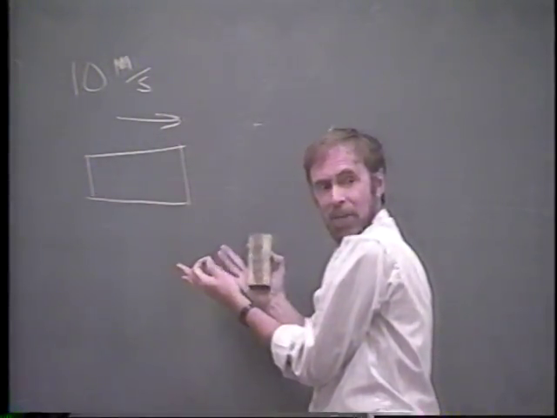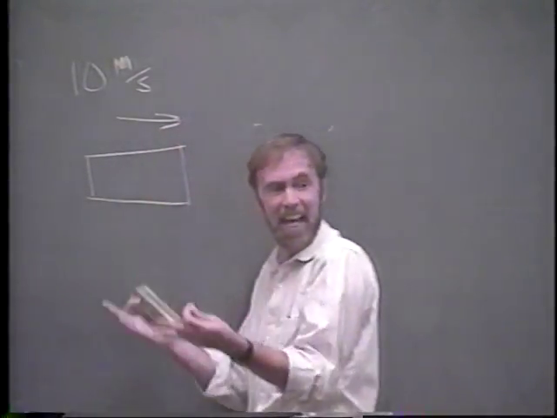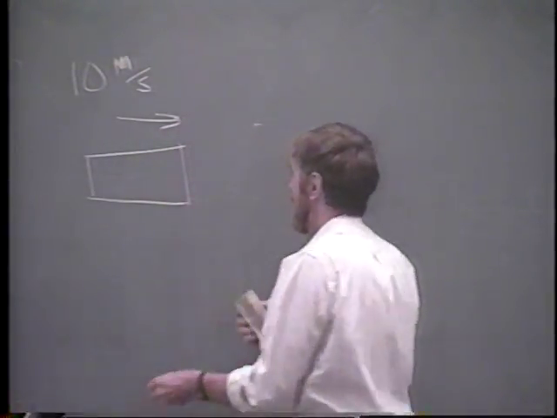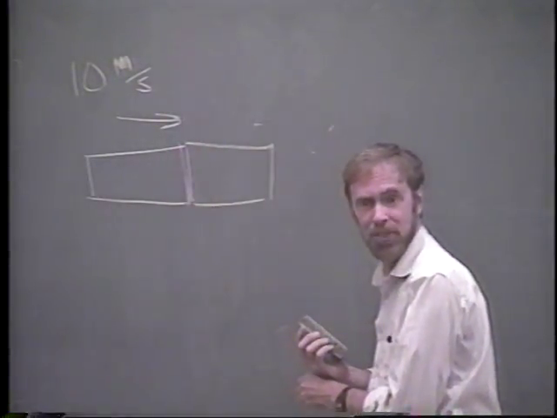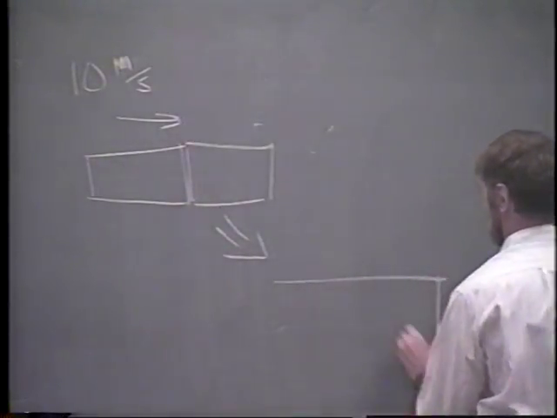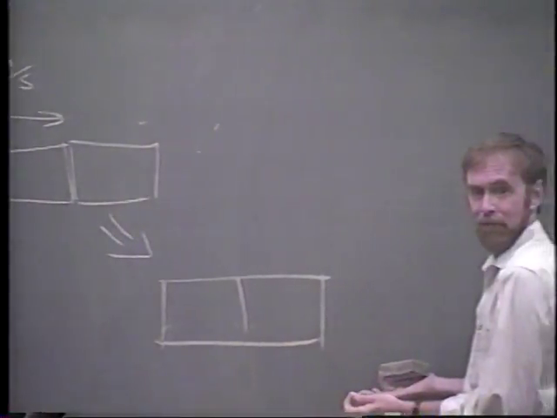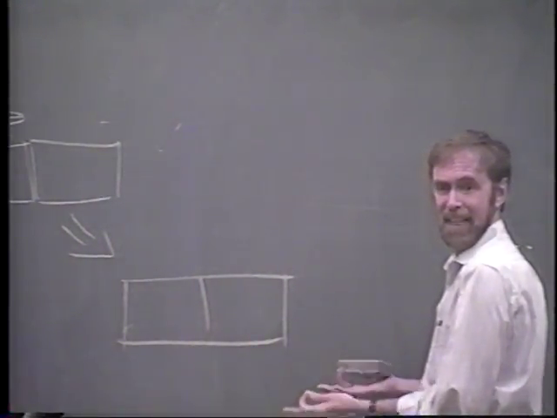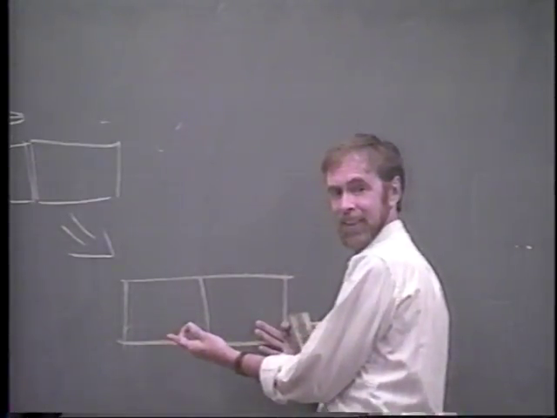So what's the momentum of the object? It's 1 times 10 is 10. 10 units of momentum. Okay? Now it hits another car. But this time, instead of bouncing, both cars move together. What's the momentum before and after collision? Same thing. So what's the momentum after collision?